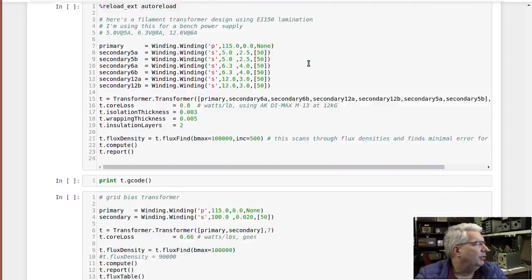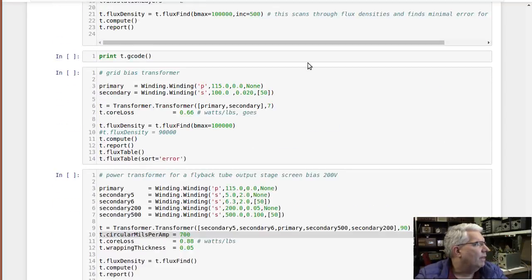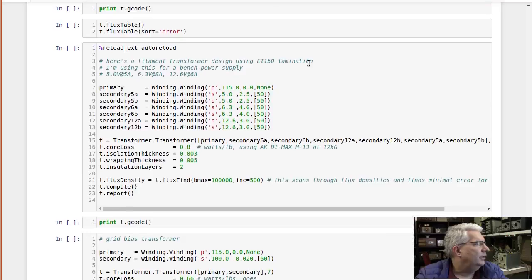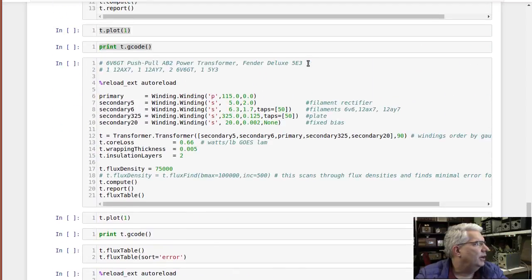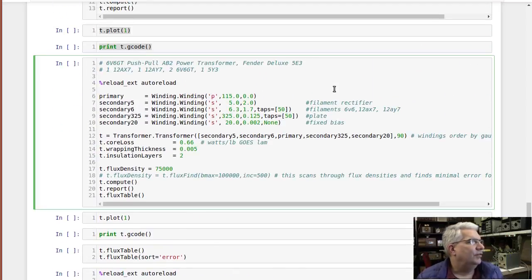Let's look at a real example down here at the bottom. This one right here is for a Fender Deluxe, off the 5E3 design. It's got a preamp of a 12AY7, a phase inverter using a 12AX7, two 6V6s, and a 5Y3 rectifier tube.